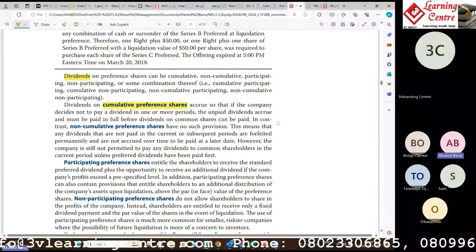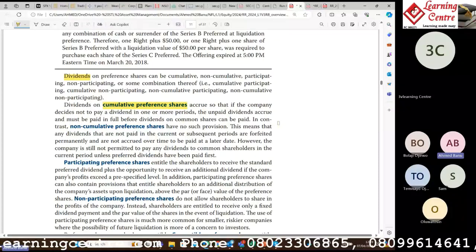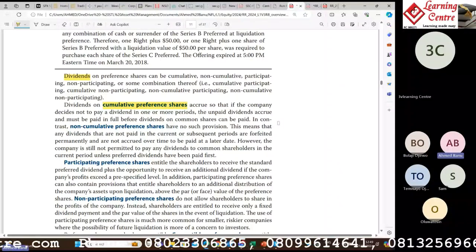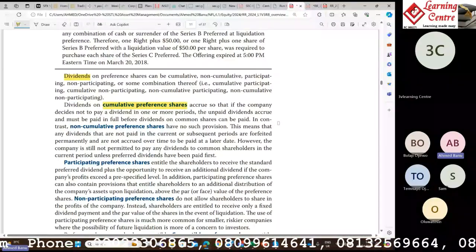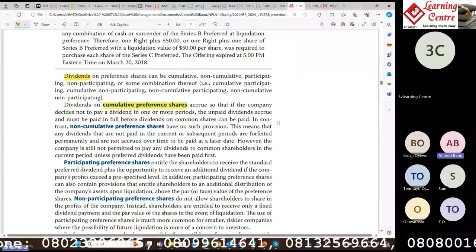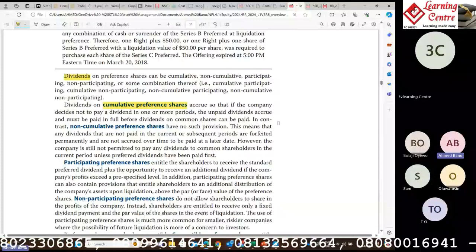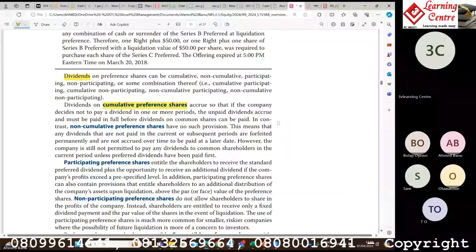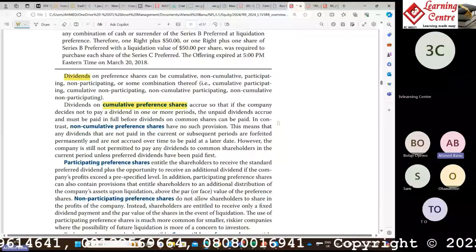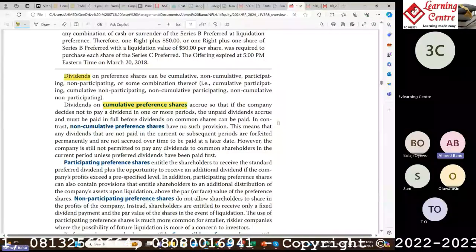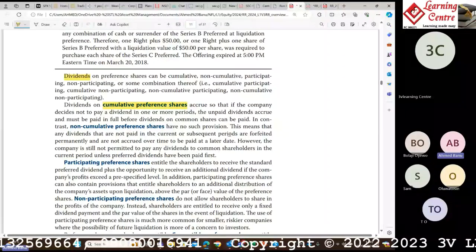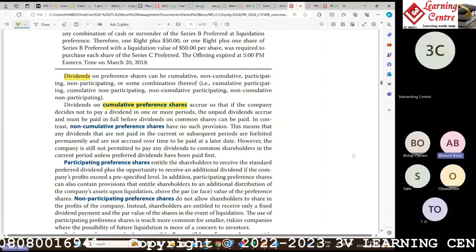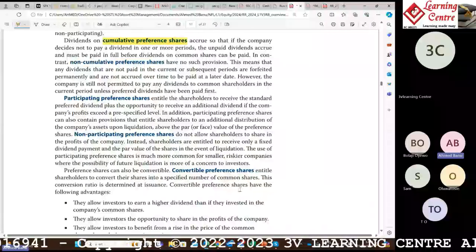So you will pay me 1 naira and 10% of the 1 naira by which your current profit is above 10 naira. That means the preferential shareholders are going to get 1.1 naira per share. So that is what participating preference shares is, while non-participating preference shares does not incorporate that.